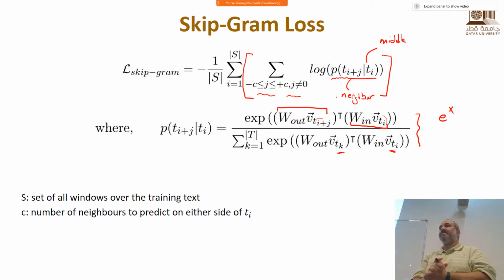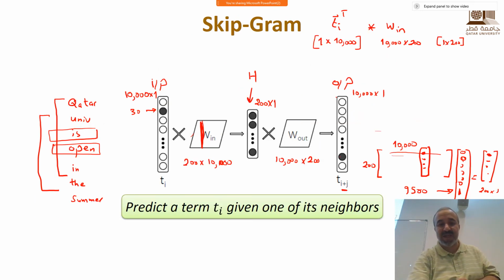This is clear from this example even, right? Because we have "is" as input and "Qatar" as output, and "is" as input and "university" as output. That's not a problem. Maybe in classification it is a problem, but you need to change your way of thinking. That's not a classification problem.